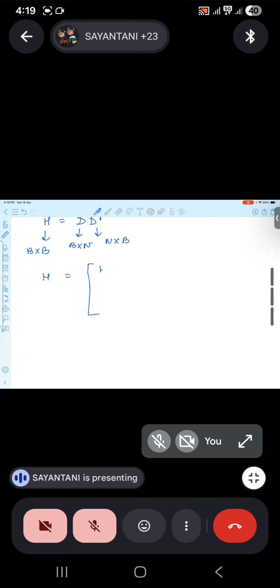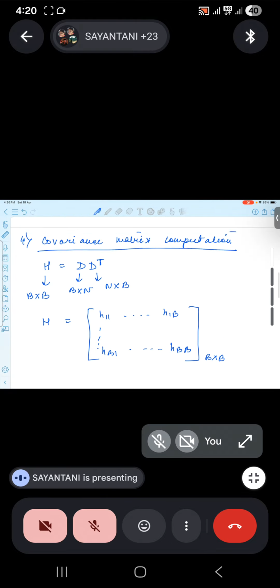The elements of the H matrix, say H11 to H1b and HB1 to HBB, and it will be a B cross B matrix. So the computation of the covariance matrix is over.